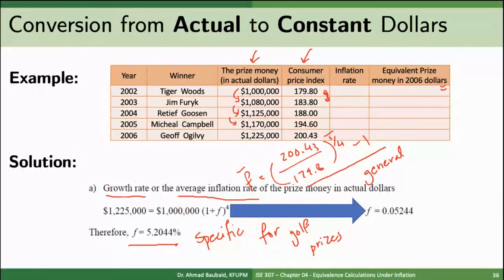But because we're given yearly data, and this is the point that the book was making, you should use the yearly data in this case. But if you weren't given these, or maybe you were just given the first one and the last one, then you can use that to compute F bar, which is the average general inflation rate, and you can still do the conversion in that case. It's just a different question.